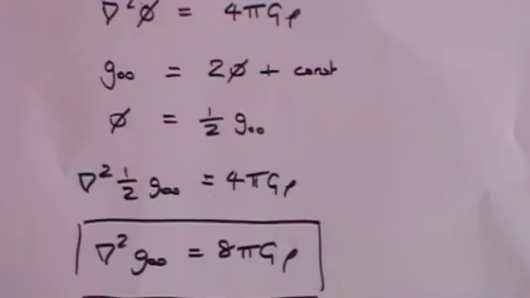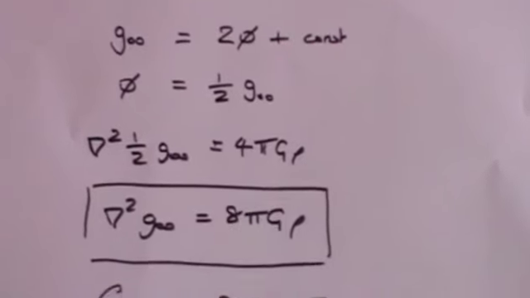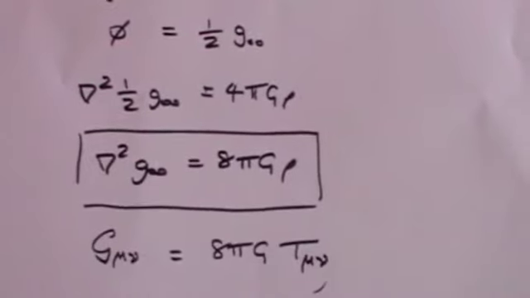The problem with that is it's not a tensor equation, and for general relativity we need tensor equations. So what we're looking for is something that looks similar to it, but where on the left hand side of the equation you've got a tensor, and on the right hand side of the equation you've got a tensor.